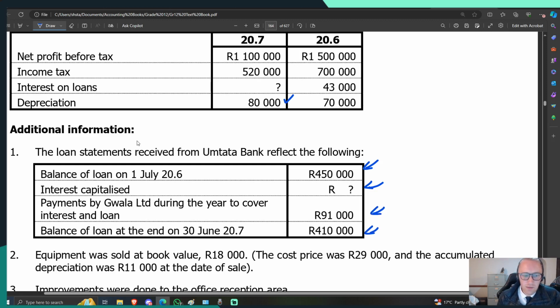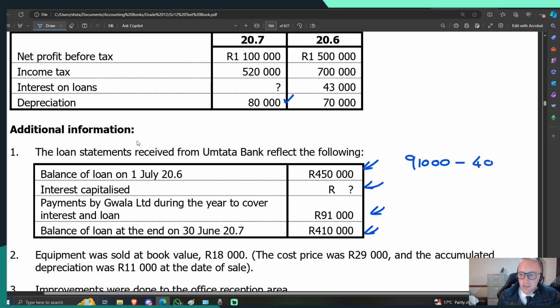Now you can see that the balance of the loan at the beginning and at the end was a difference of 40,000. However, the payments in total was 91,000. So interest and loan payments together were 91,000. The change in the loan amount was 450 to 410, so it's 40,000.